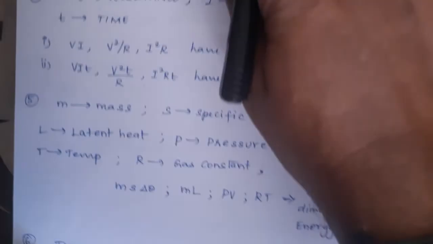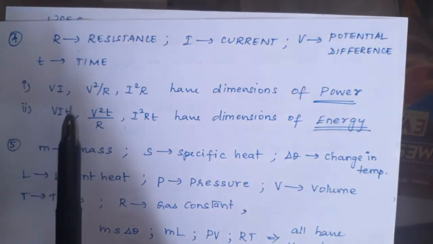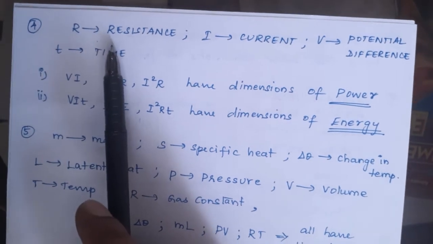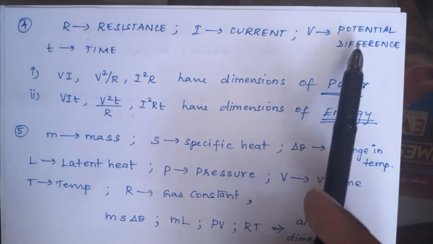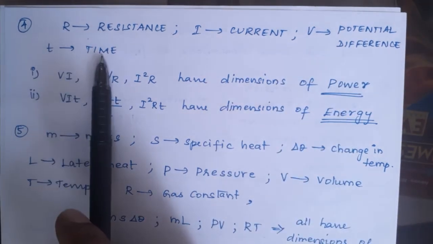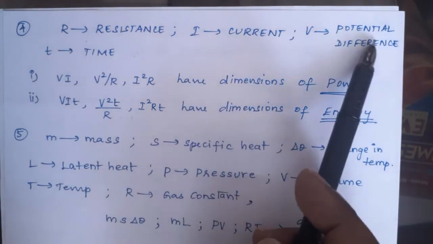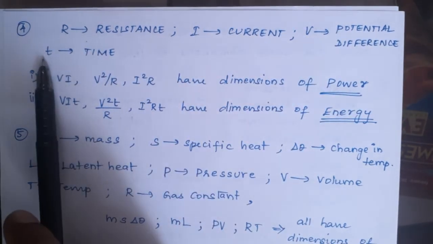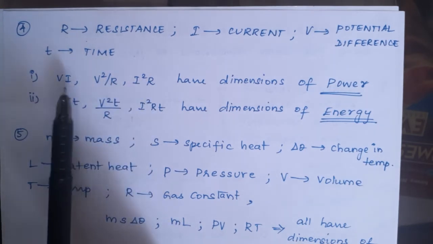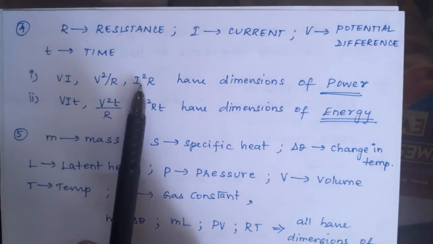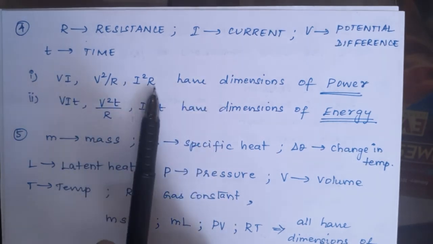Then if R is the resistance, I is current, V potential difference, T time. When we consider resistance R, current I, potential difference V, time T, these relations V into I, V square by R, I square R all refer to power.